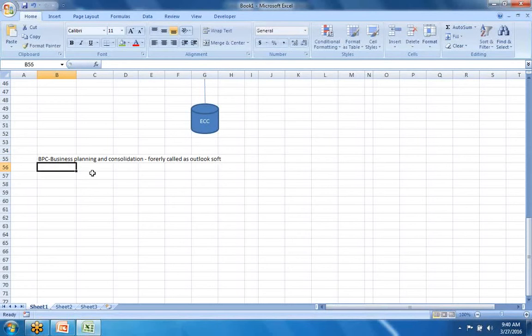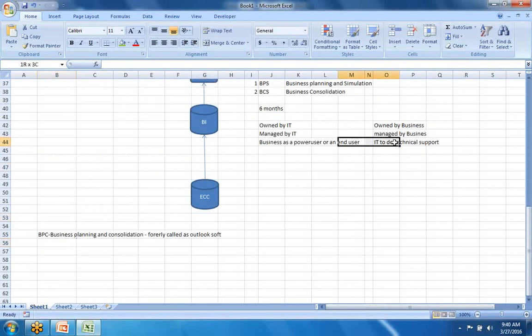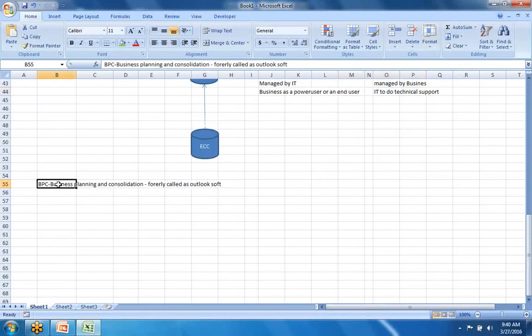It can be managed by business, it can be owned by business, and IT is just there to support. This product, which was formerly called Outlook Soft, after the acquisition by SAP was named Business Planning and Consolidation.